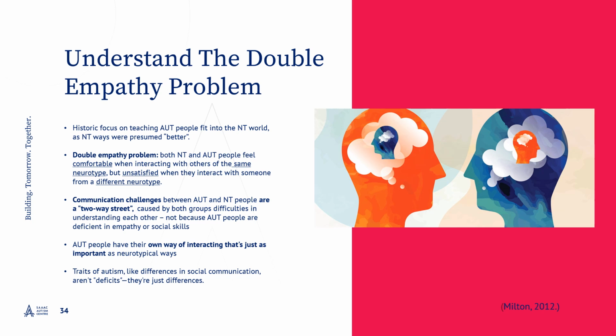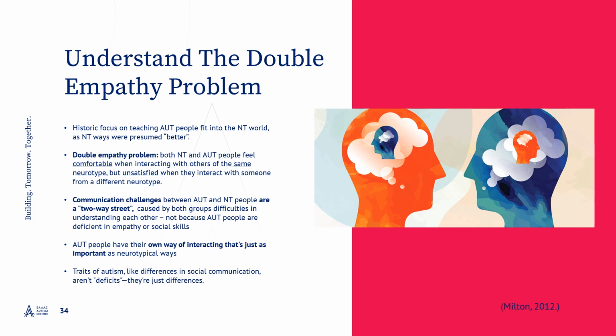This means that communication challenges between autistic and neurotypical people are a two-way street. They're caused by both groups' difficulties in understanding each other, not because autistic people are deficient in empathy or social skills. Autistic people simply have their own ways of interacting that are just as important and valid as neurotypical ways.